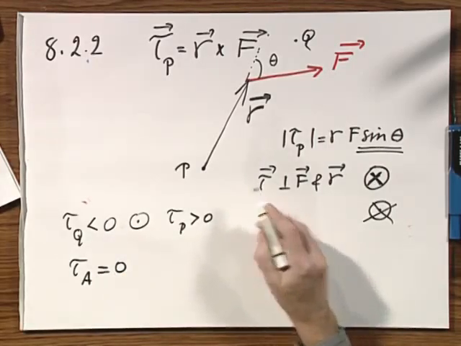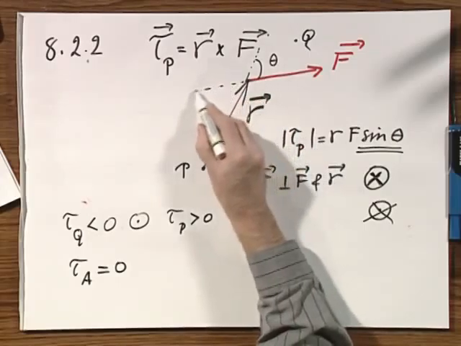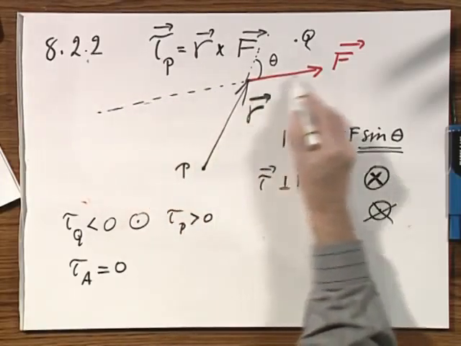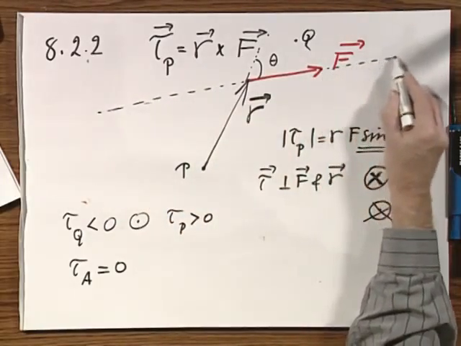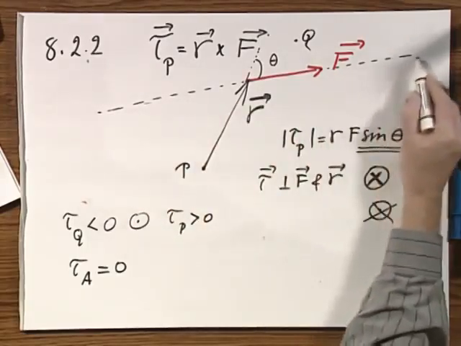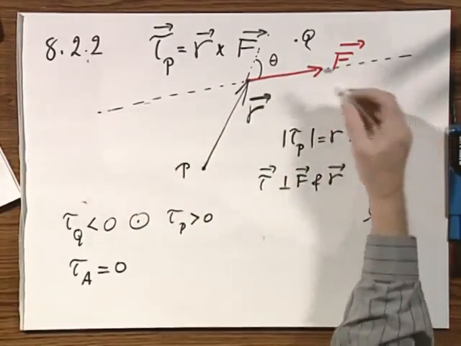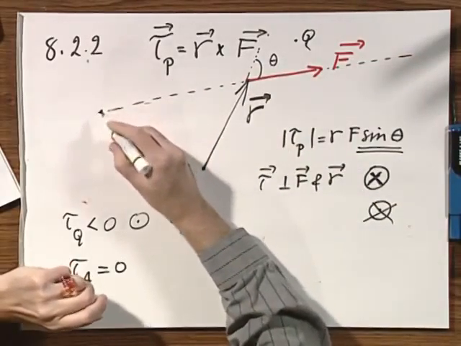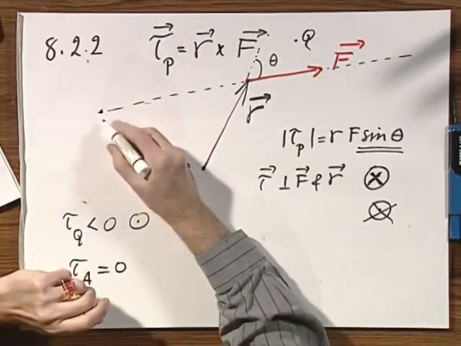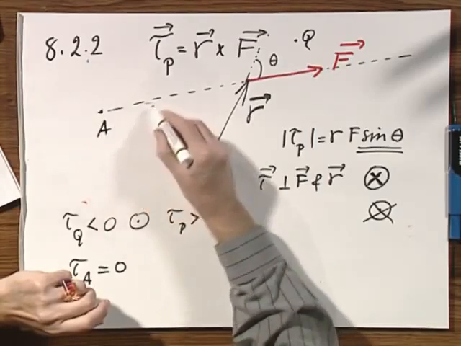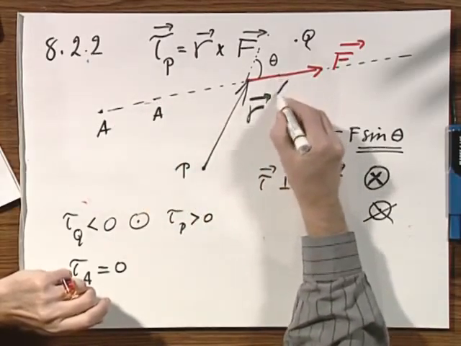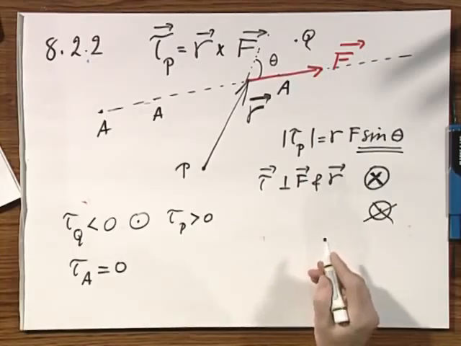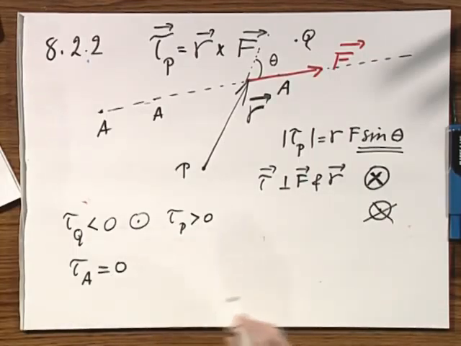For instance, if I draw a line here, extension of what I call the working line. In high school, I was taught that the line along which the force acts is called the working line. Any point A that you have, doesn't matter whether you have it here, or here, or here, it's immediately obvious that the torque is 0.